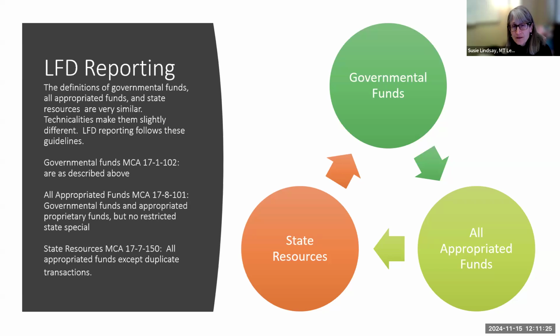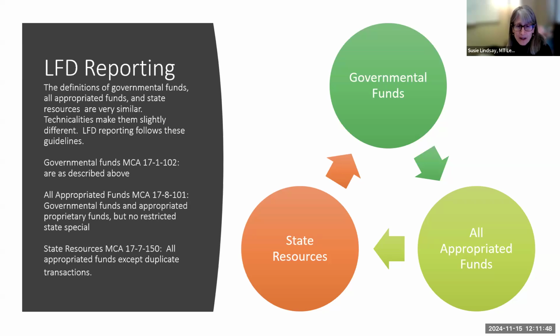State resources is defined in statute in 17-7-150, and basically the biggest section of that rule is to remove duplicate transfers. So when you hear about state resources reporting, that's simply following a statute of how we report out.